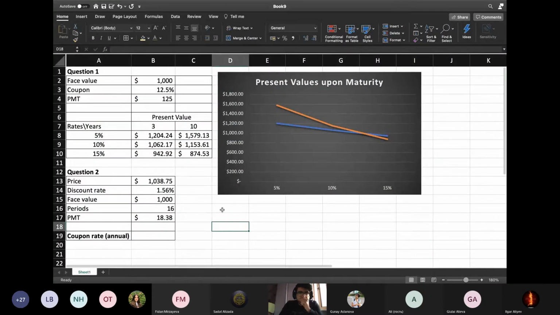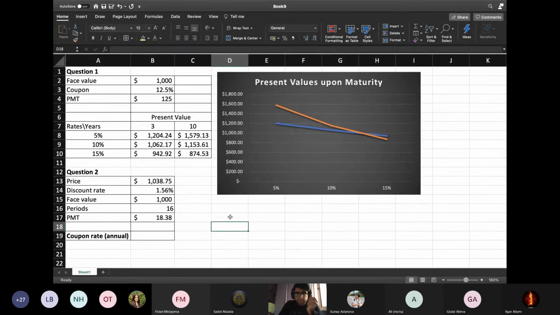The coupon rate is the rate you multiply by face value and find coupon payments, right? Like we did here. We are given face value, we are given coupon rate, and we find payment by multiplying them. So in this case, we don't have coupon rate, instead we have payments. So we are doing vice versa.